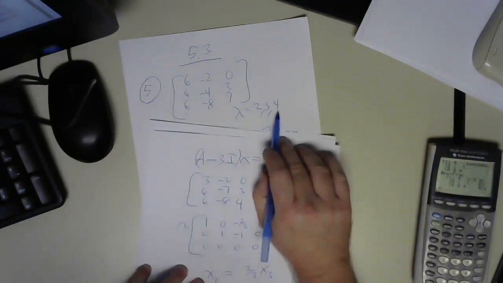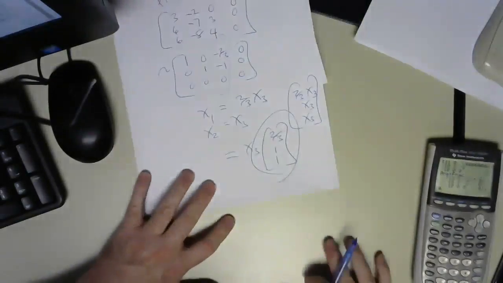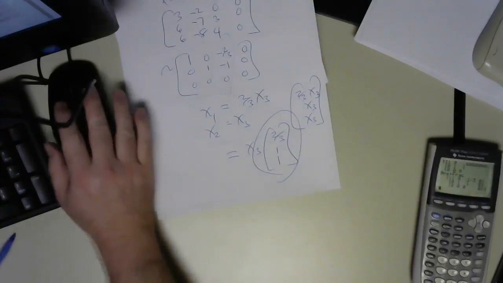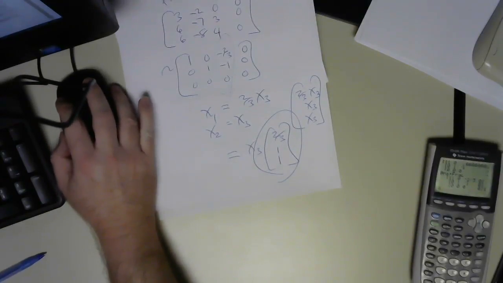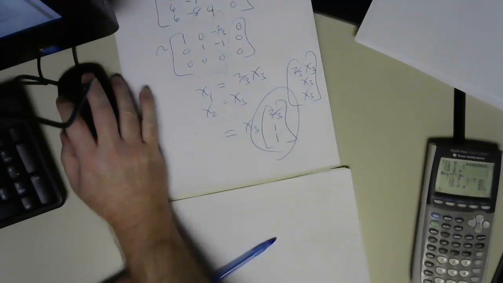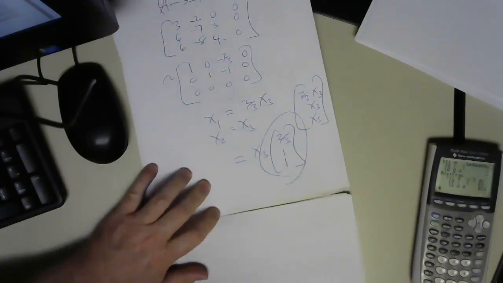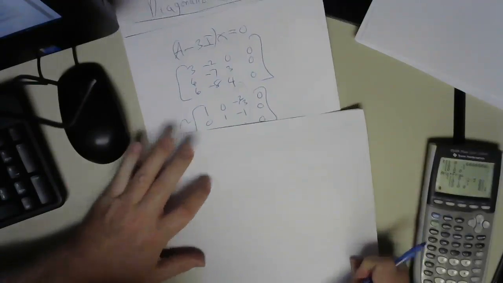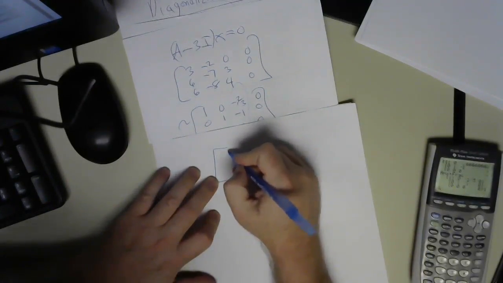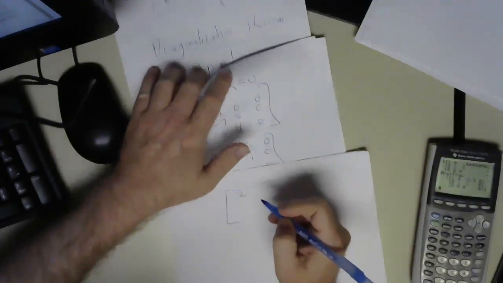But now let's move on to the last eigenvalue given, which is 4. Okay, so the last eigenvalue is 4. So let me subtract 4 this time from all the diagonal elements of the original matrix, which remember is this guy.